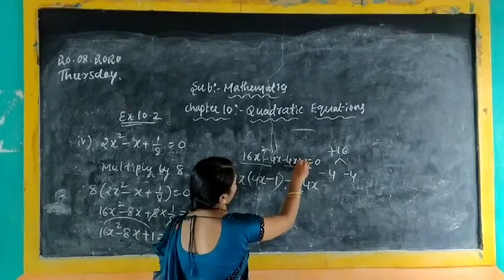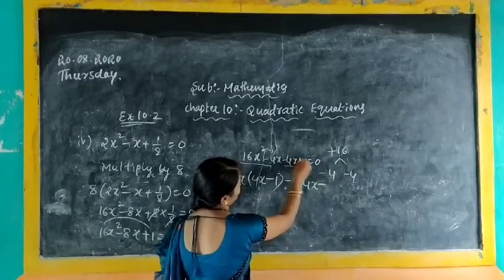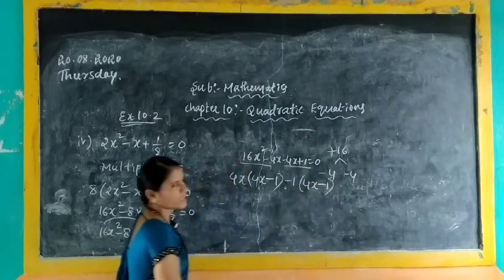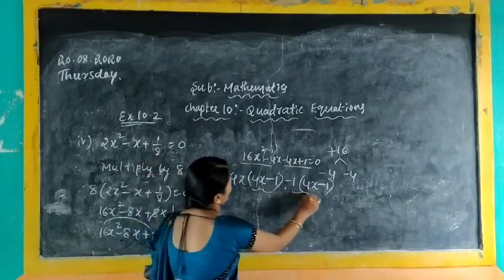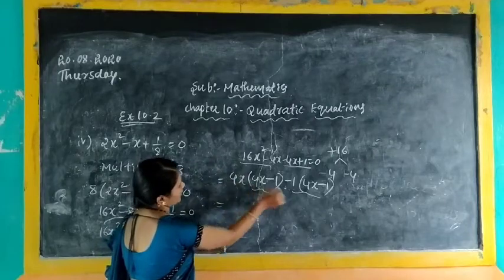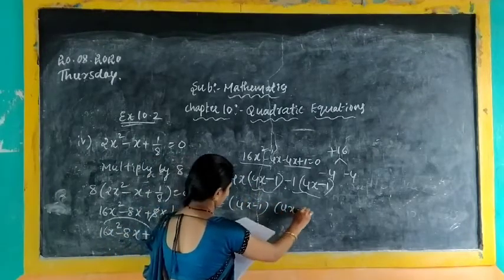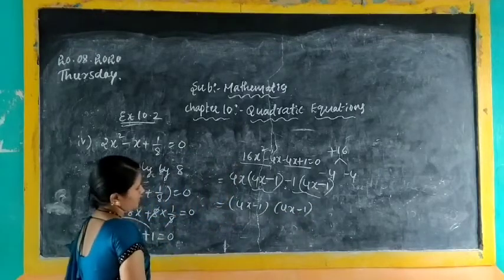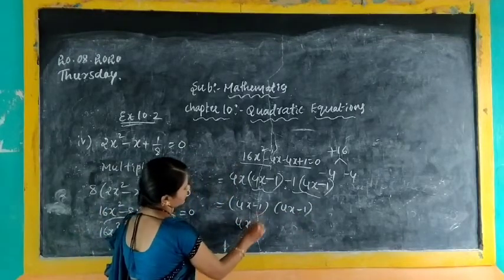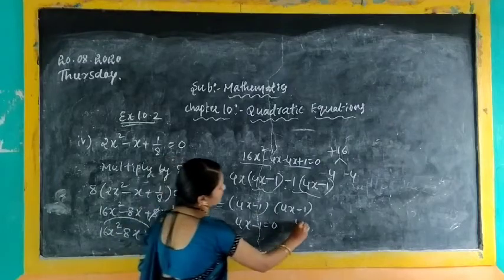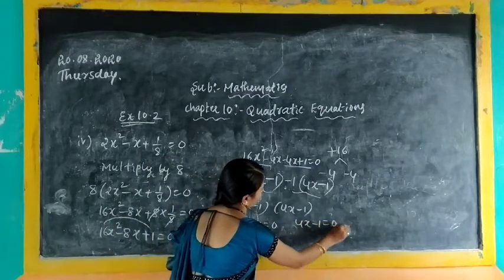Here I need plus, means minus into minus plus, remaining 1 as it is. And next in this common, 4x minus 1 and remaining also 4x minus 1. Here 4x minus 1 is equal to 0. It's also same, 4x minus 1 is equal to 0.